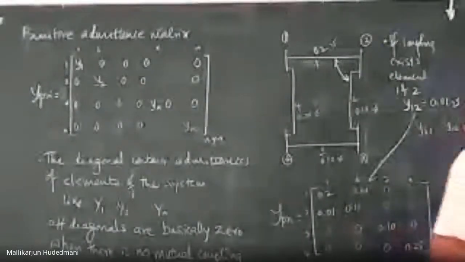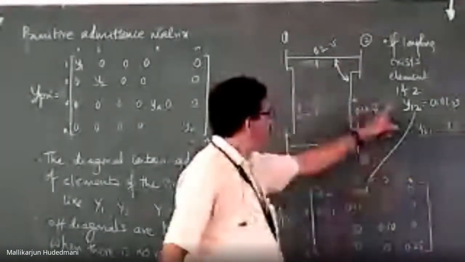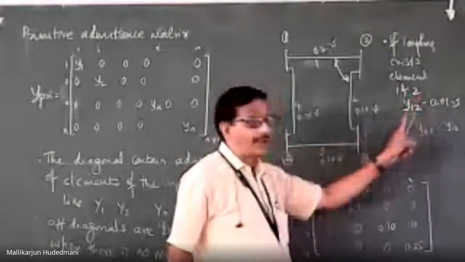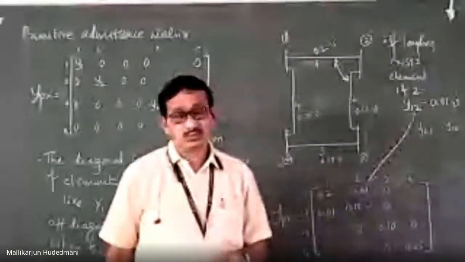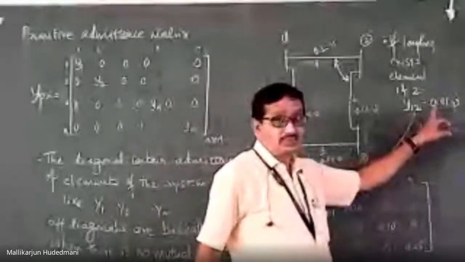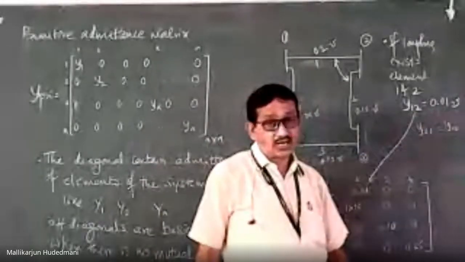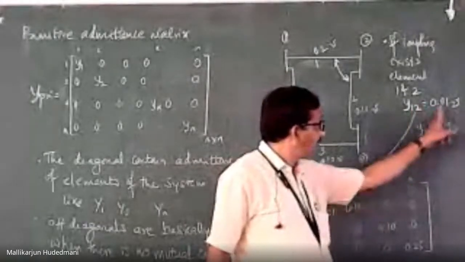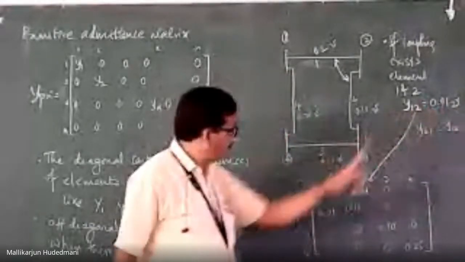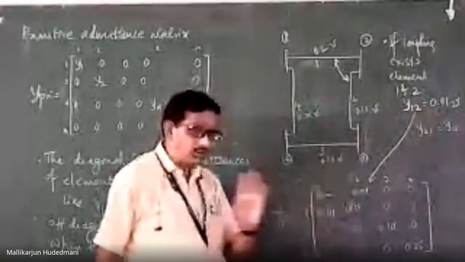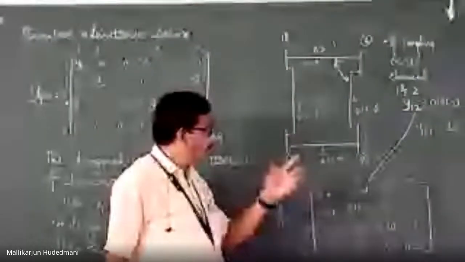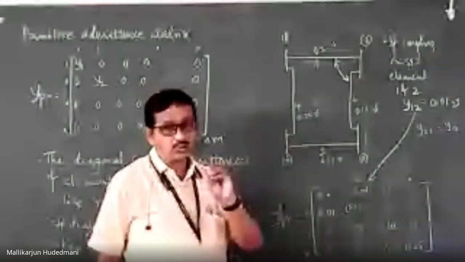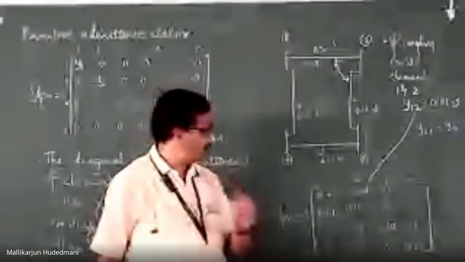So like this, mutual coupling between element number 1 and 2 with a mutual admittance, let's say 0.01. Then I should represent Y12 and Y21 with the given value. You can see this matrix has now been modified to represent the exact relationship between element number 1 and 2 if there exists a coupling.